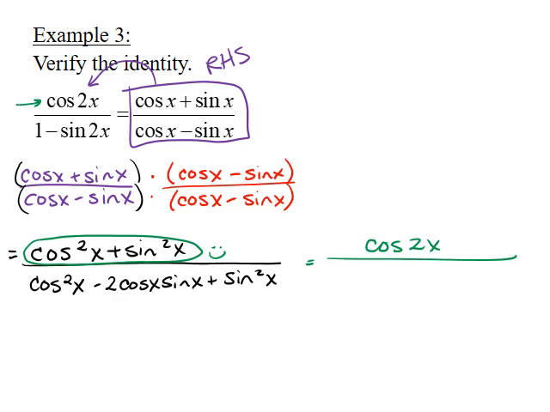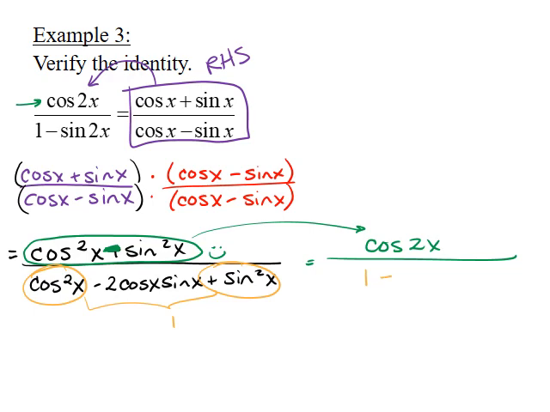Now in the denominator, I have, let's see here. Sorry guys, I have a typo here. This should be a minus. That's why we get this. I apologize for that. Okay, then in the denominator, this plus this equals 1.